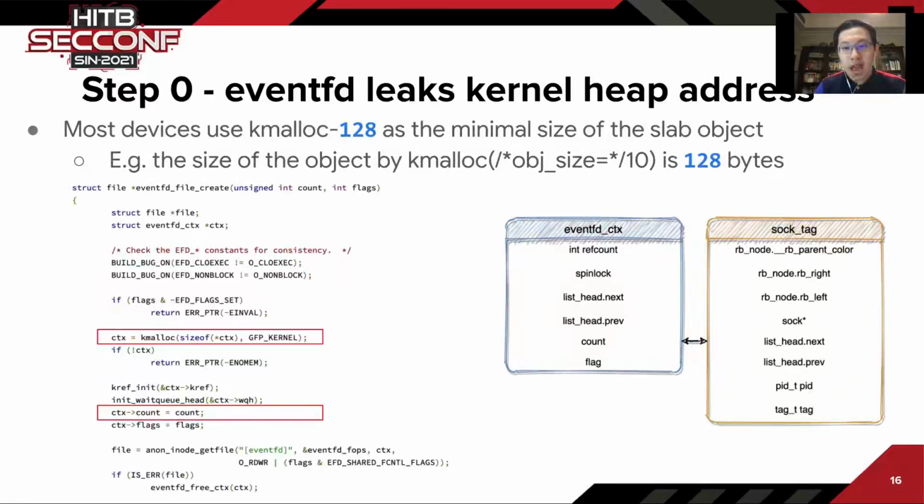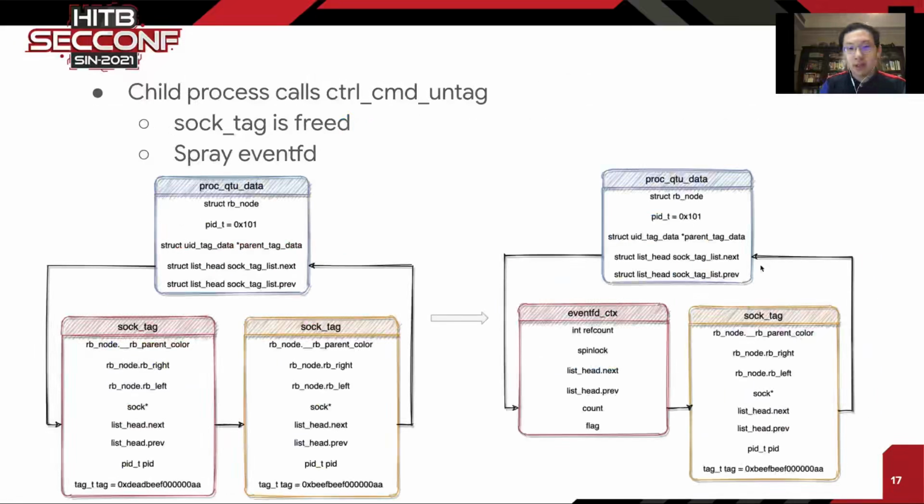The first kernel structure we want to abuse is eventfd. As you can see, the count actually overlaps the list head in the socket tag structure. The idea for the kernel heap address leak is that once the socket tag is already freed, we can spray eventfd to make sure an eventfd structure occupies the freed socket tag structure.